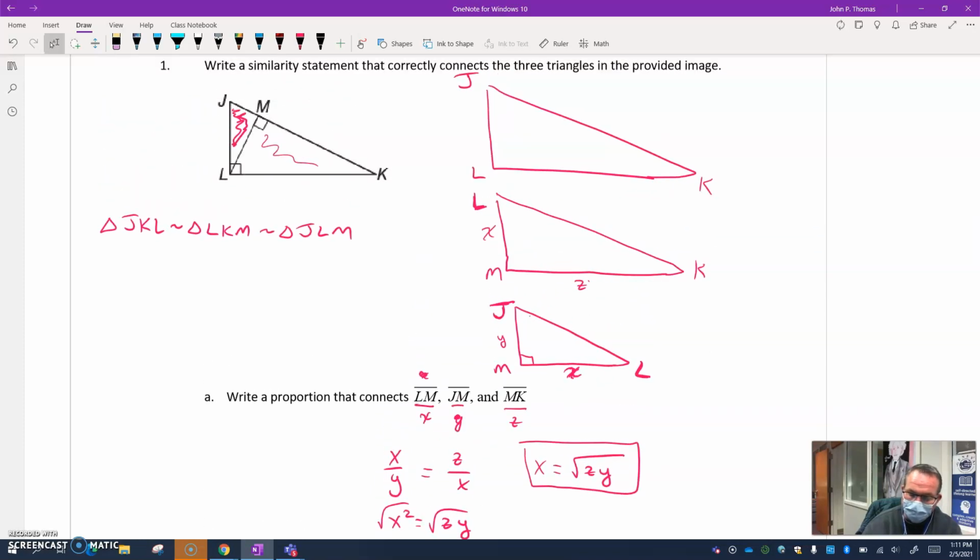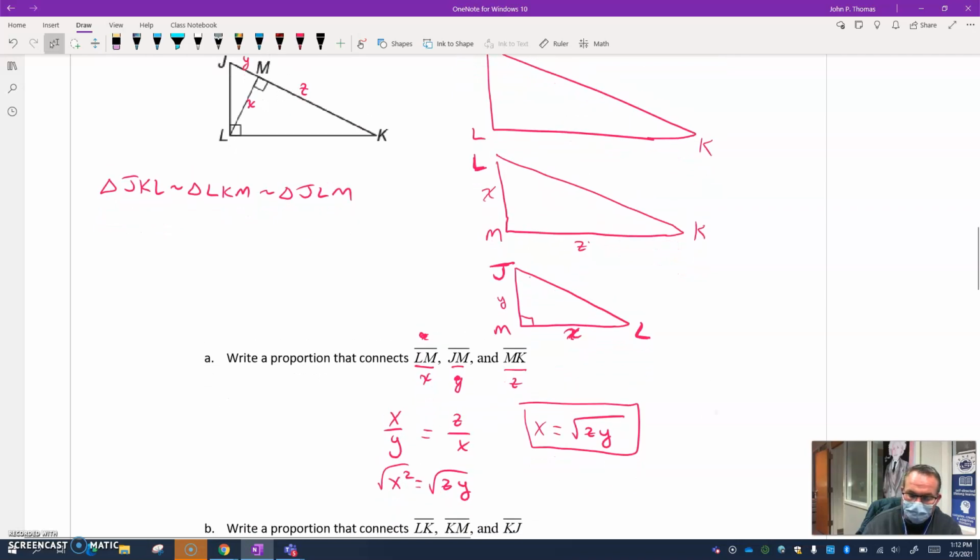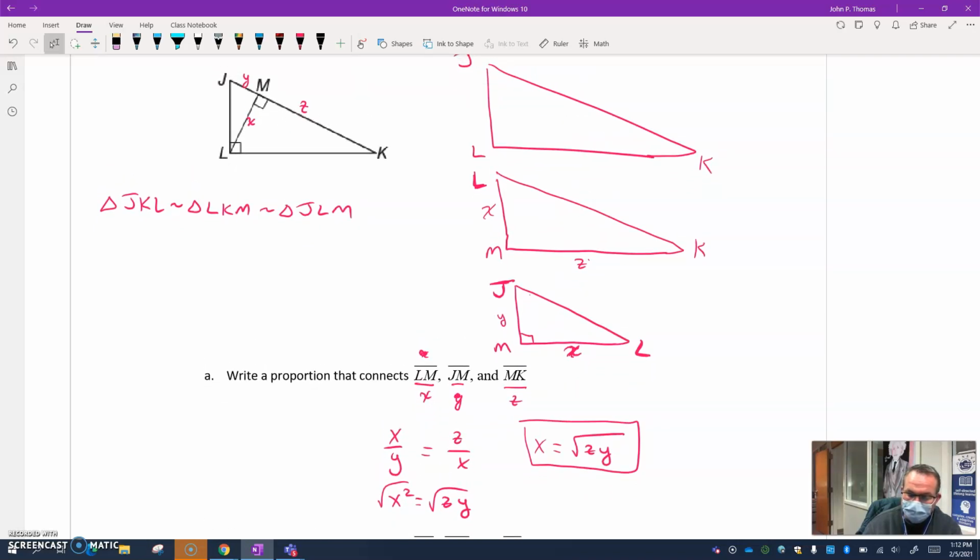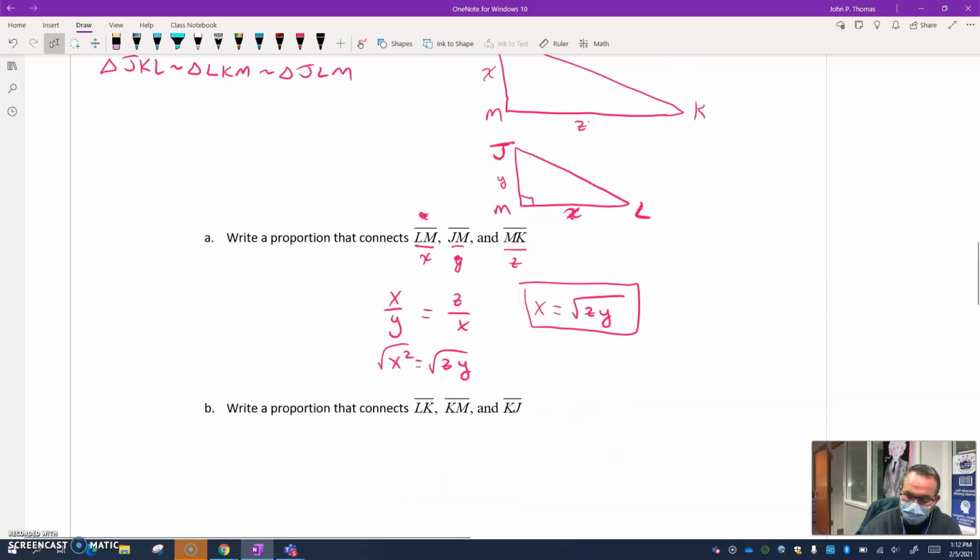If I carry these labels back to the original picture, all right, I have LM is X. All right, I have MK is Z. And I have JM is Y. So notice that the altitude is the geometric mean of the two segments on the hypotenuse.